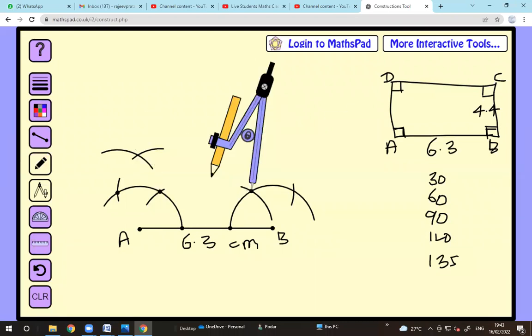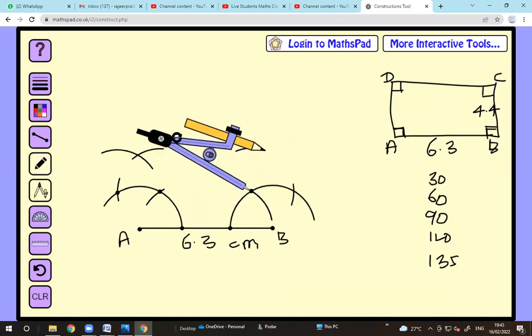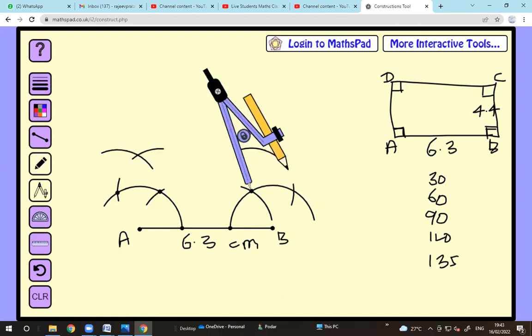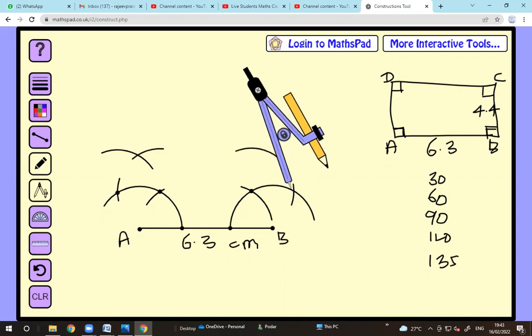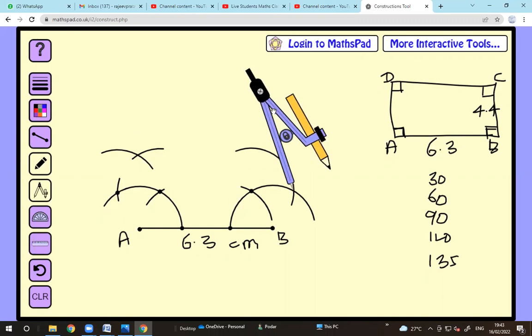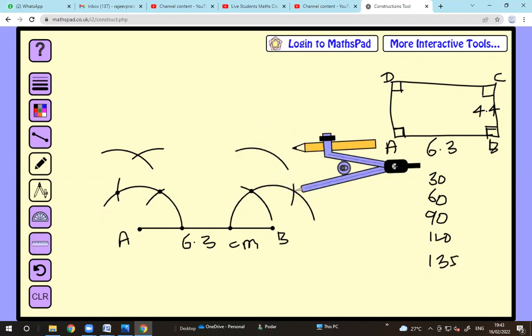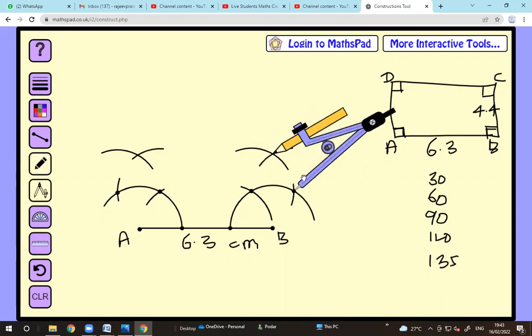Now without changing, taking upward, and without changing, upward from one point and then upward from the other place. So from both points, I have made a 90-degree angle with the same measurement without getting confused.